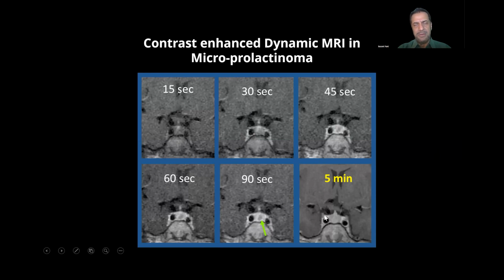And a little bit of pushing of the stalk is on the other side. So you keep on taking a few images on the same slice, maybe two slices you fix, and then you continuously take at that spot, and then you can dynamically see that the pituitary adenoma does not take up contrast early.